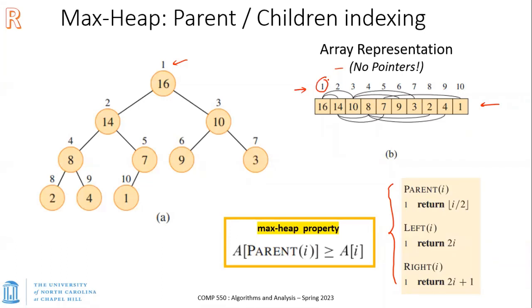You should be able to see that the following statement can be made for the indices of the arrays: the contents of the array at the index of the parent is always greater than or equal to A sub i, and that's simply the heap property, the max heap property.